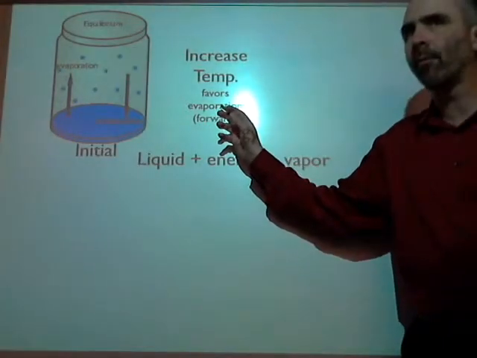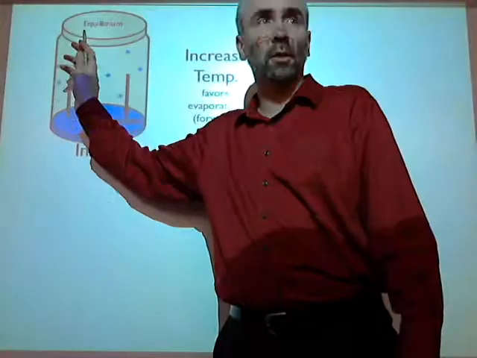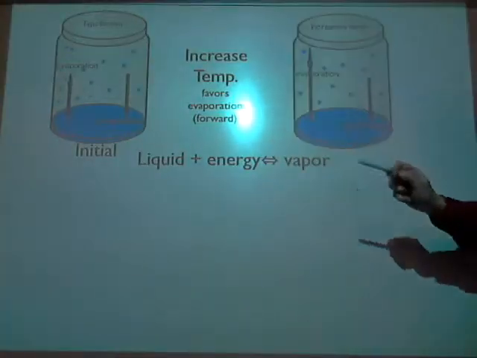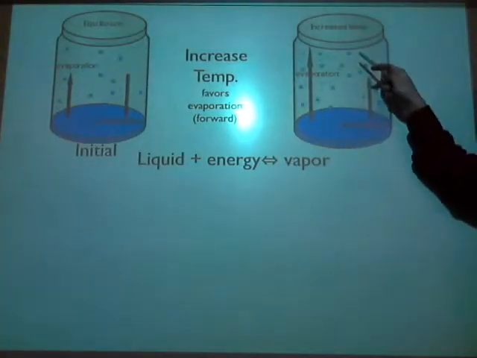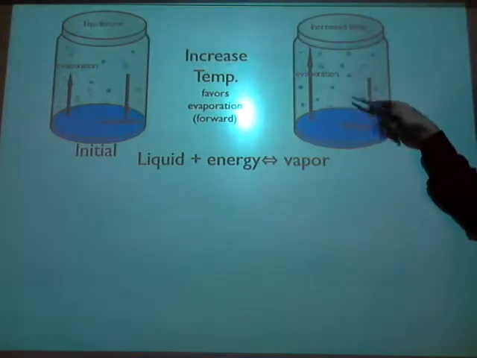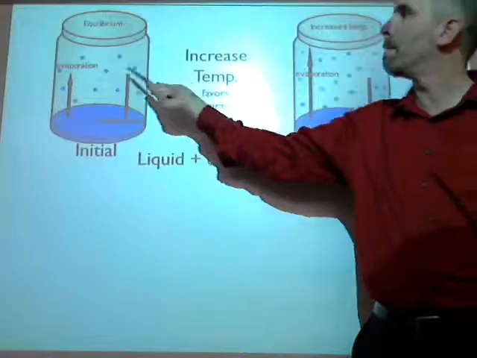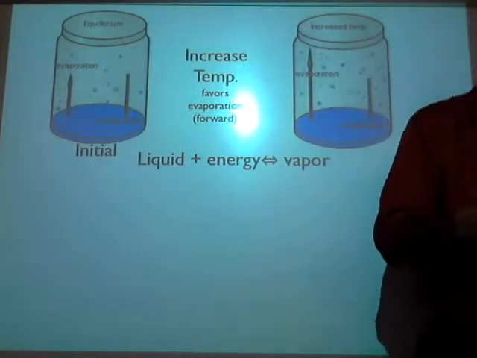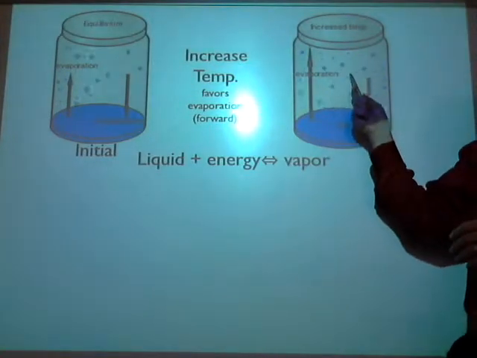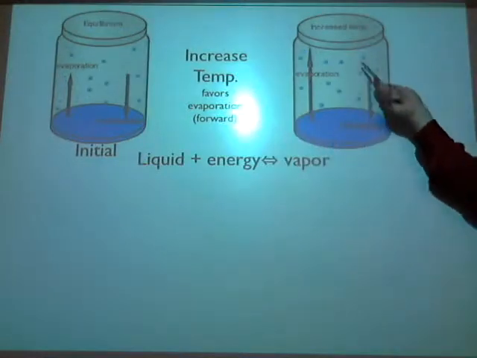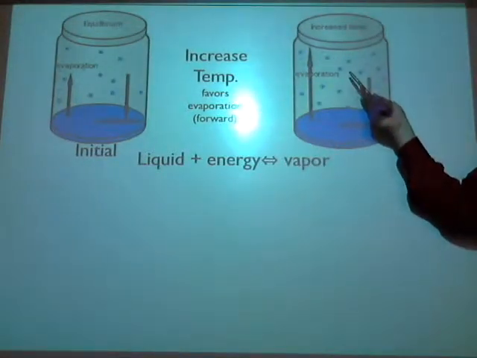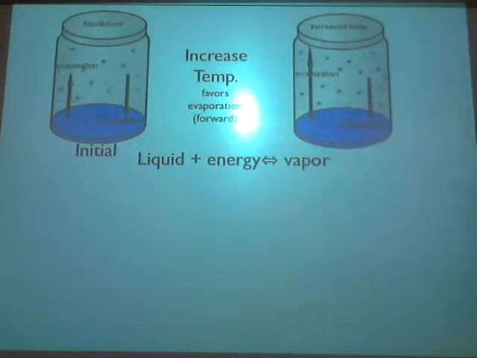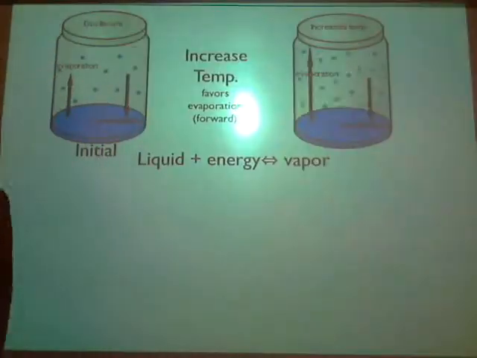I'm going to have more evaporation, so I'm going to draw the arrow for this guy a little bit larger. Okay? And more water molecules are going to be becoming vapor. So you notice I've got more of them in the vapor phase here, and they're moving around fast. You can't show how fast they're moving on your paper, but you have more in the vapor phase. So maybe now you've got 15 dots. You have more dots, however many vapor molecules you want to show, because that's what those dots correspond to, water vapor.